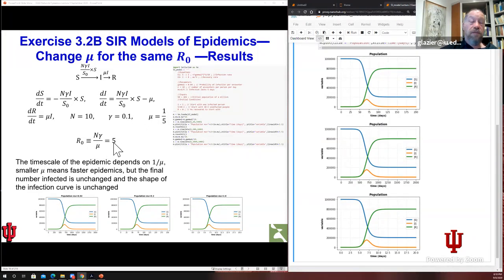So this is an R naught of about 2.2 rather than 5. And you'll notice that if I make R naught 2.2, I can now clearly see that not all of the people get infected. My epidemic sweeps through my population, but only about 75% of the population gets infected.